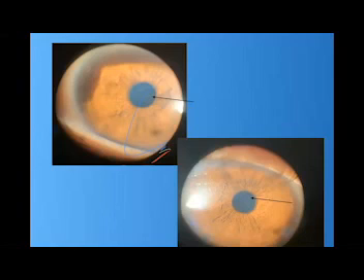Look at the center. You will find a faint opacity crossing the pupil, crossing the center. This opacity extends from the superior cornea down to the pupil. So it explains all those irregular points and the steep points in the cornea.